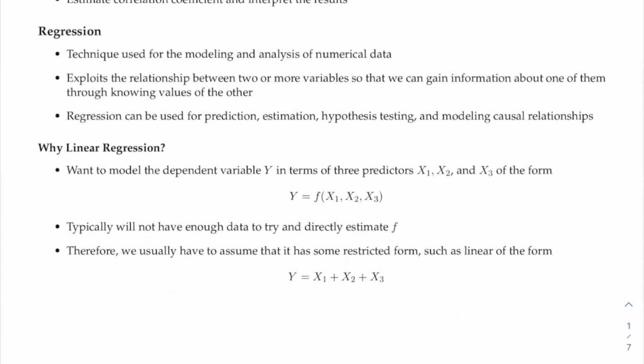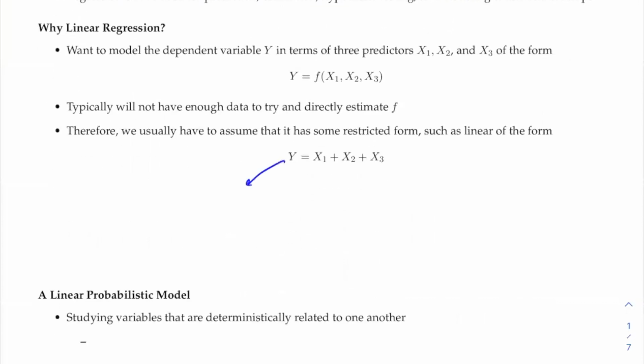The terminology that we would like to know here is that capital Y is called the dependent variable and the X's are the independent variables. Another name for the dependent variable is the outcome variable or response variable.